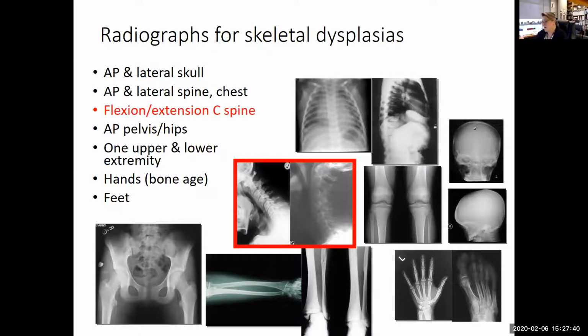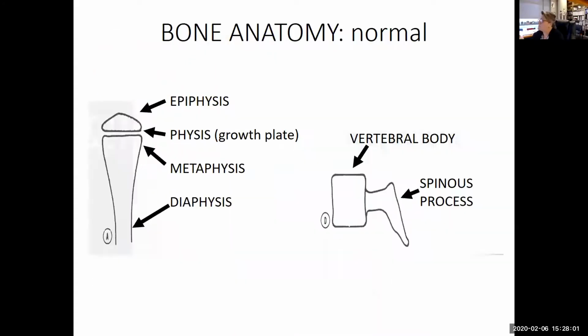Whether or not you hone in on a single diagnosis right at that moment, many of the dysplasias can have hypoplasia of the odontoid, which could allow for a lot of movement at the C-spine. And that could really cause damage for that individual. Even without having a specific dysplasia diagnosis, it would be really important to hone in on that.